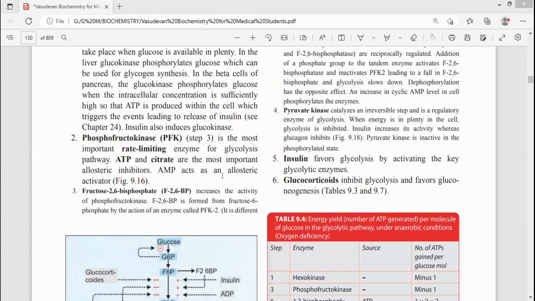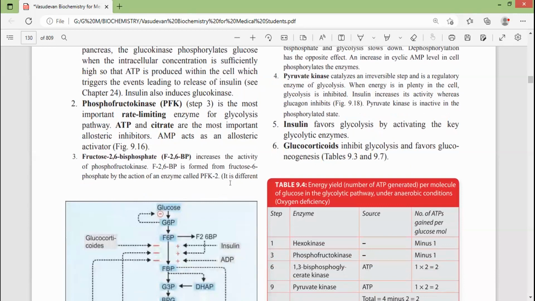Then we look at fructose 2,6-biphosphate. To remind you, PFK converts fructose 6-phosphate to fructose 1,6-biphosphate, not 2,6.